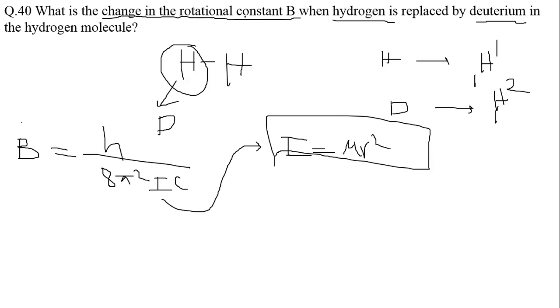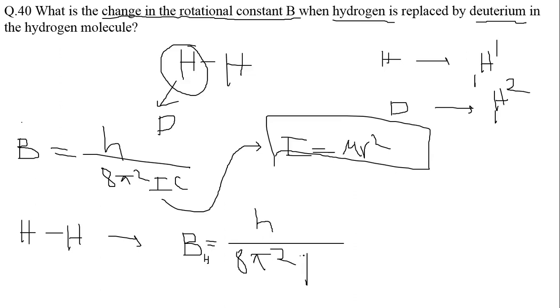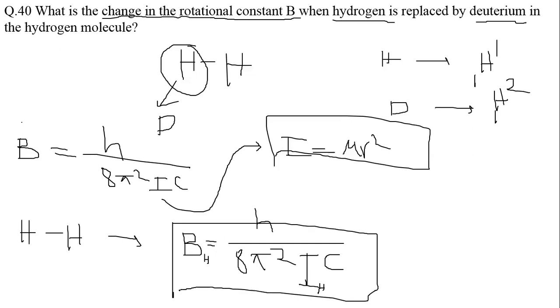So we will calculate the change in the constant B. First, for hydrogen, when both are hydrogen, we write it as BH. BH equals h divided by 8 pi squared IH c. Here h is a constant, so it has nothing to do with the type of atom, and I depends upon the mass.